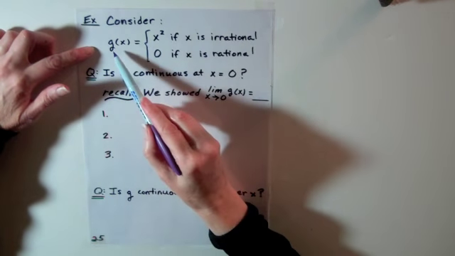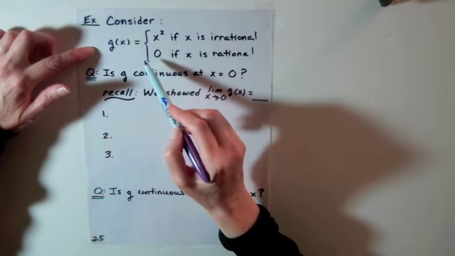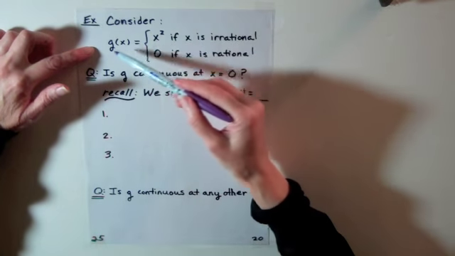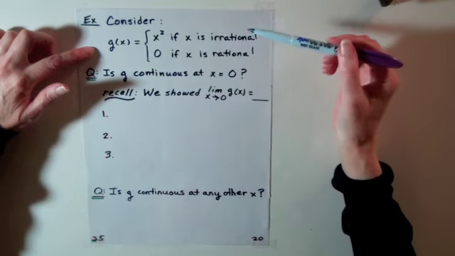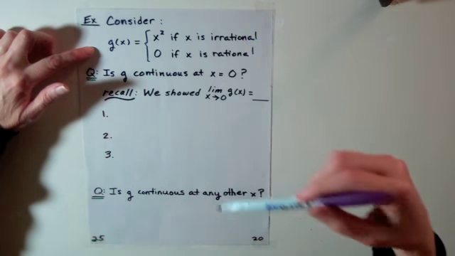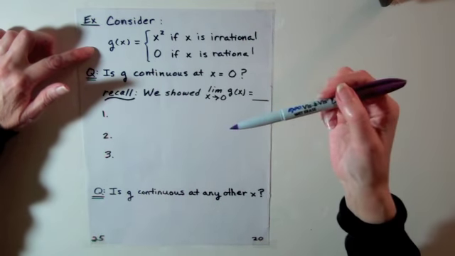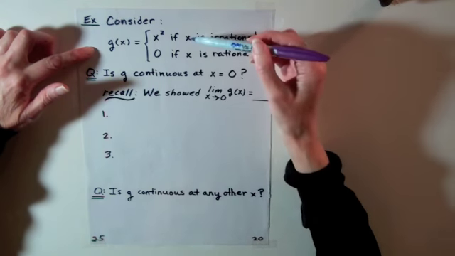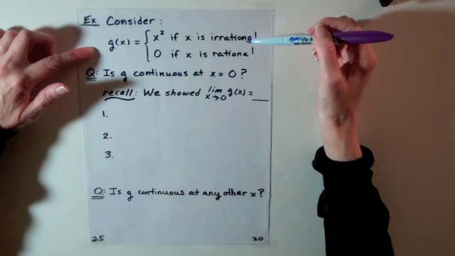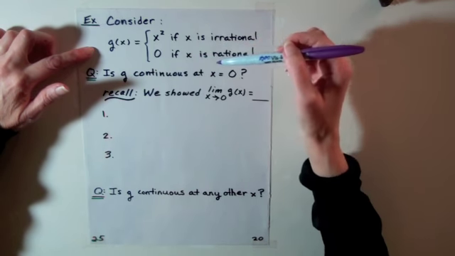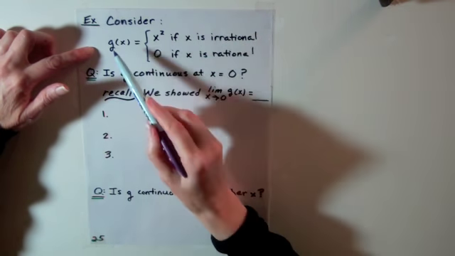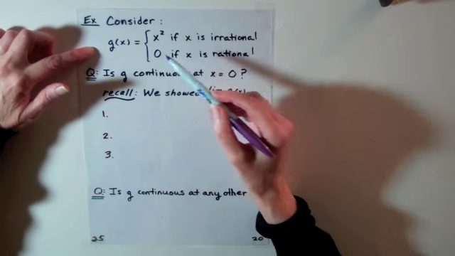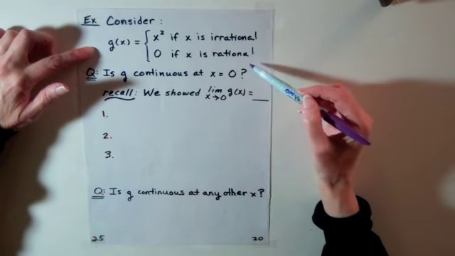In this case, we said g of x is equal to, and we have 2 different rules for determining how to compute g of x, depending not on whether x is bigger or less than a number, as is sometimes done in piecewise functions, but depending on whether x is an irrational number or a rational number. So we define g of x to be equal to the constant 0 if x is rational.